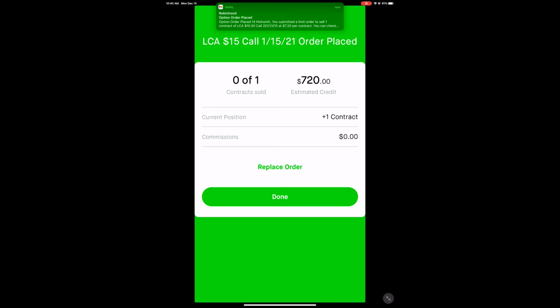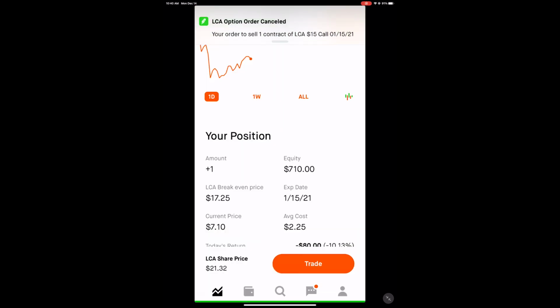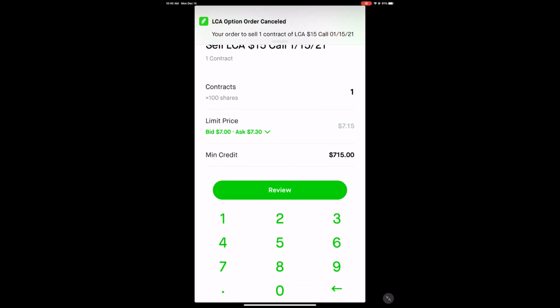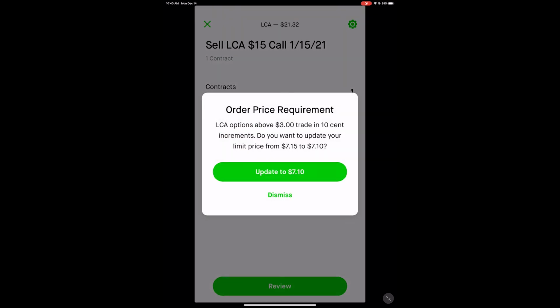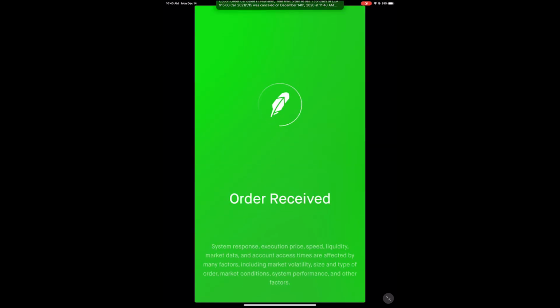You notice when I put my order in and placed it, it didn't sell automatically. Most people wait a little bit and then sell it, or it'll wait until it sells automatically. I was a little impatient, so I went back and tried to readjust the price and sell it again.